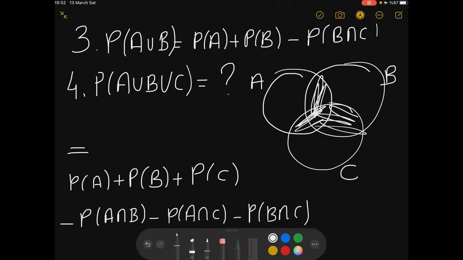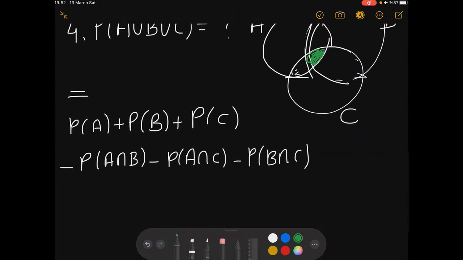Is that right? Anything missing here? Okay, think about it, and just be careful. We subtracted this part multiple times this time, so it means that we need to add it back in the end to make it more correct.